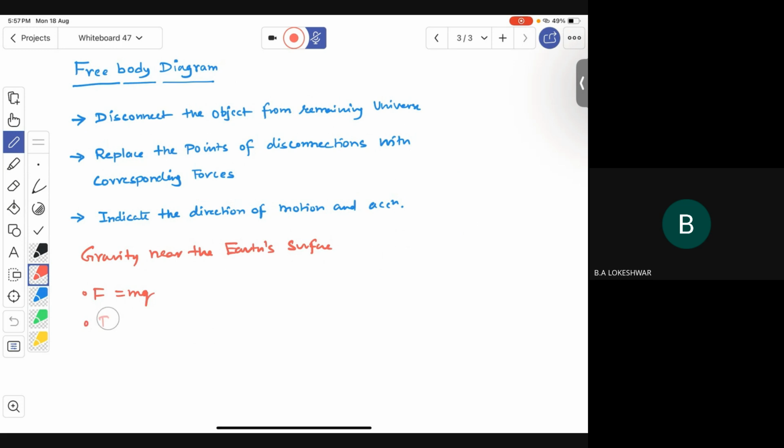But where is the point of application of the force? I will just tell you as a fact right now. Later on, we'll be discussing it in more detail in another chapter. So the point of application where this net force of gravity will act is actually something called the center of gravity.